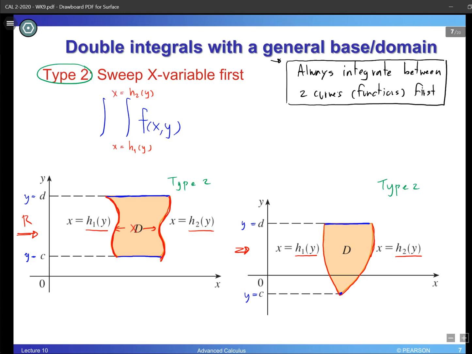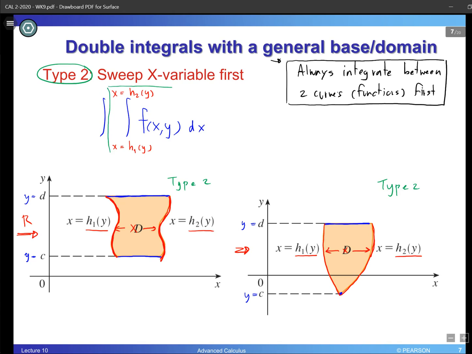Same thing here, between these two curves is the x variable. This means that the first integration has to be with respect to x, dx. So there you go, we have this first integration, and let's put a box around that. This first integration is going to be with respect to x.